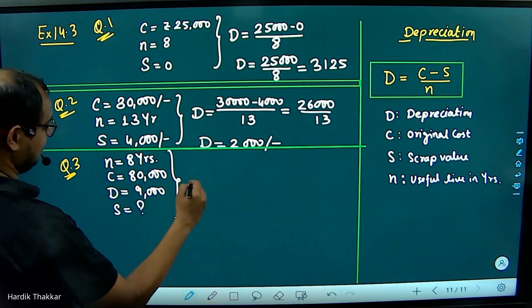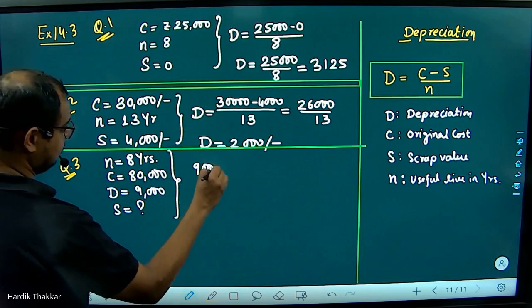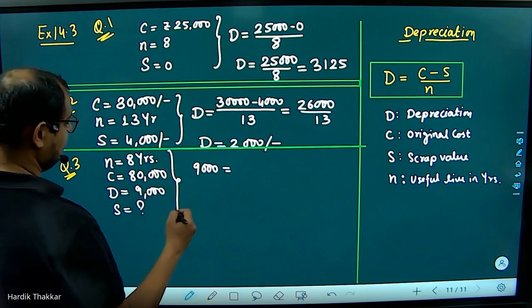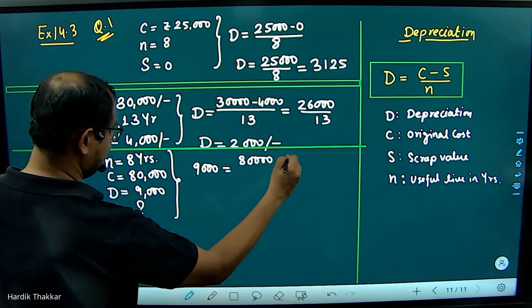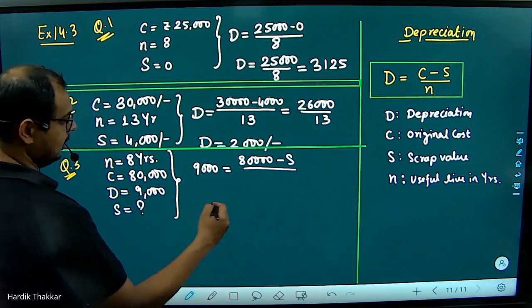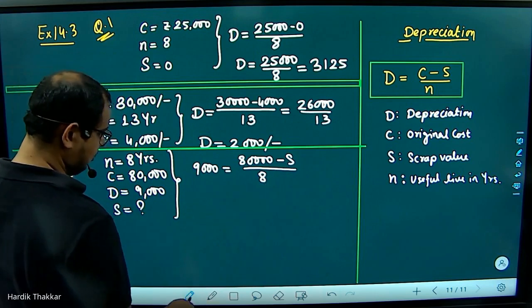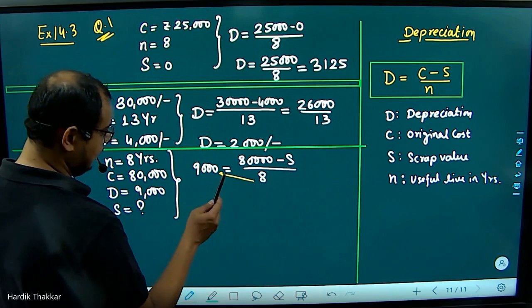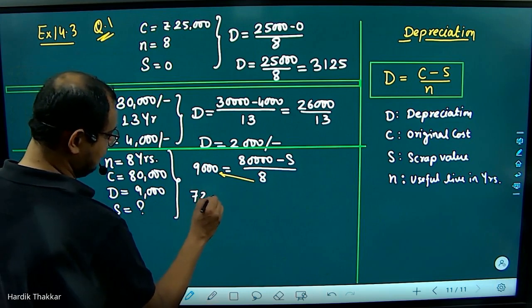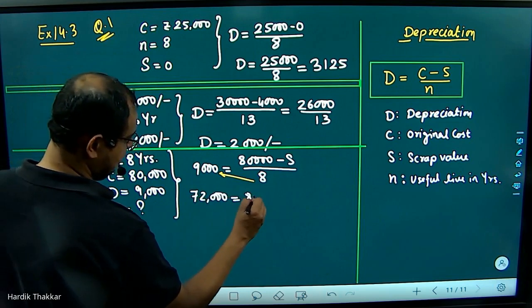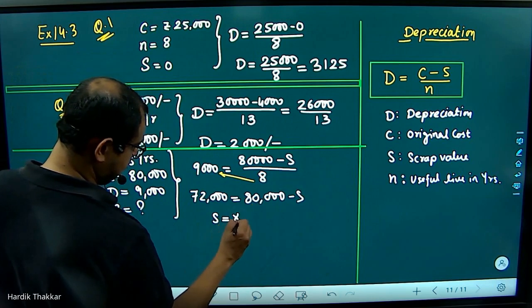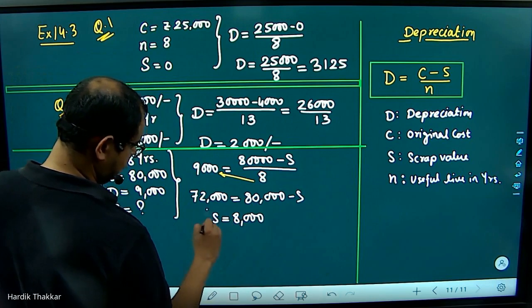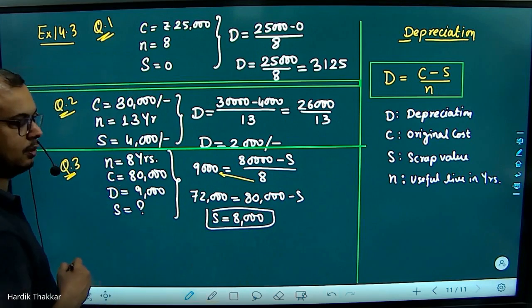So use same formula. Now the depreciation is given, cost value is also given 80,000 minus scrap value we have to determine divided by 8. So cross multiply this 8. 8 nines are 72. So it is 72,000. Clear?